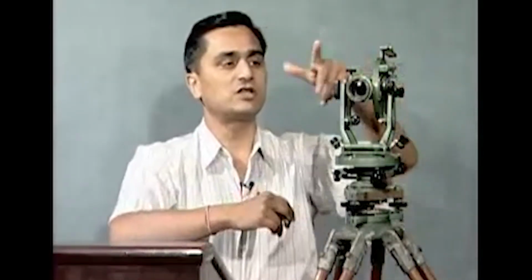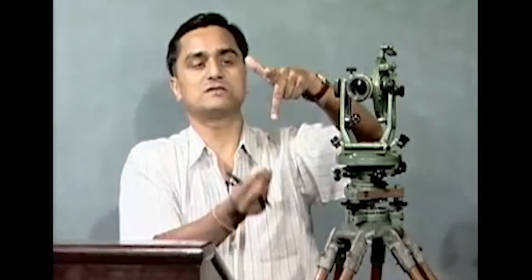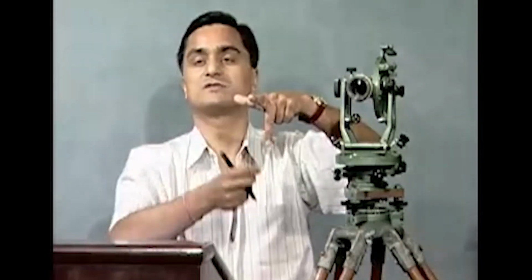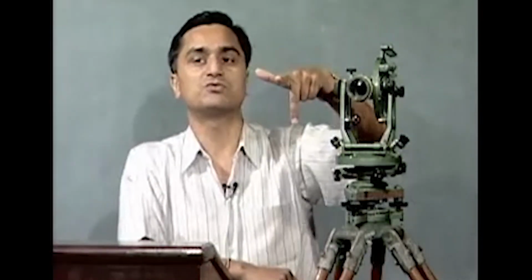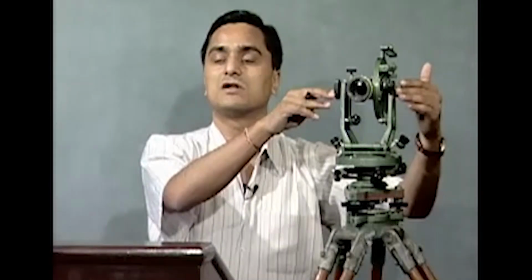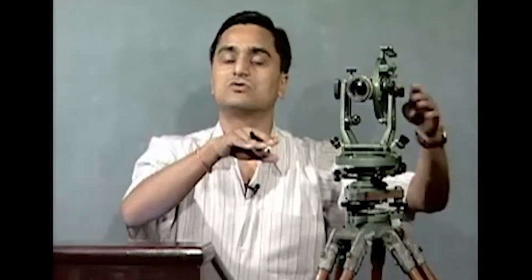So, all these three intersect like this. We have a relationship: the vertical axis, horizontal axis and the line of sight, all these three meet at a single point. That point is the center of instrument. So all the angles, all the measurements we are making in vertical, where is the reference?